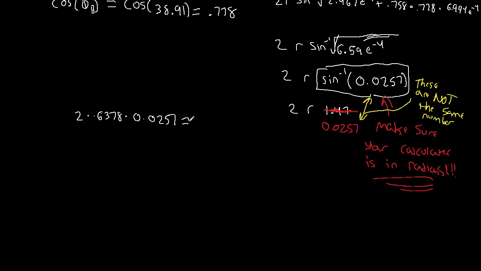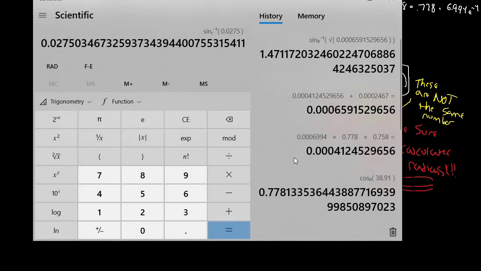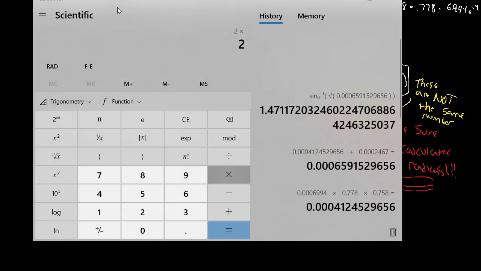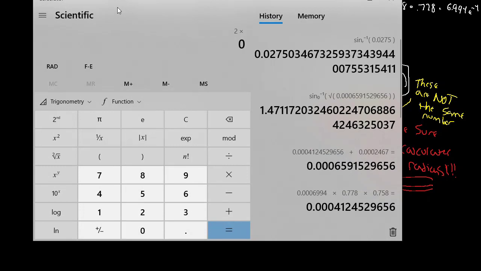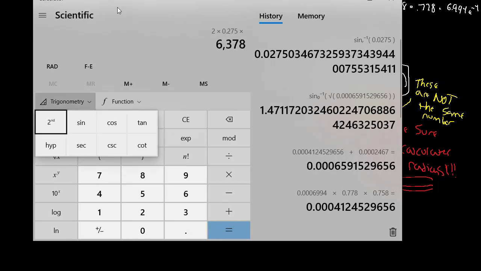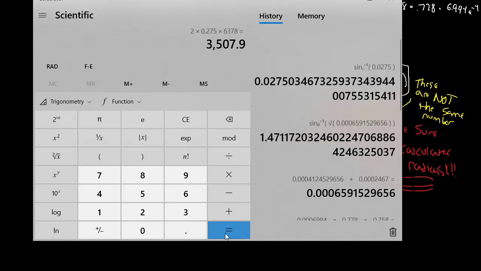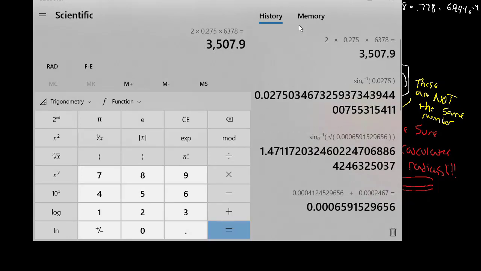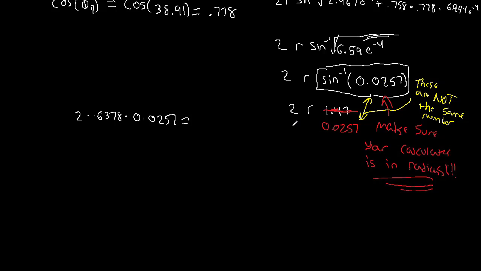And if we calculate that out, again, we can pull up our calculator here. 2 times 0.0257 times 6,378 gives us a value of 3,508 kilometers.